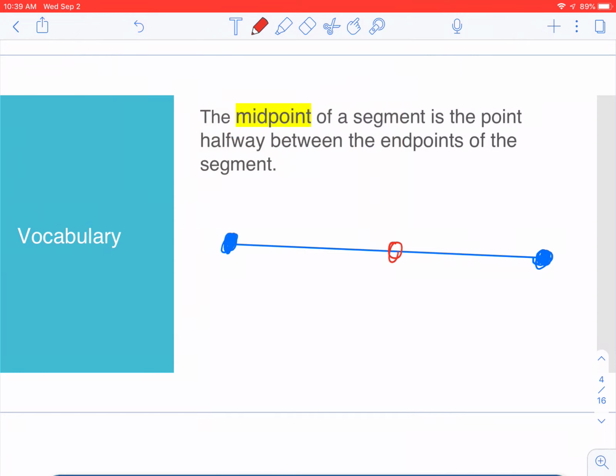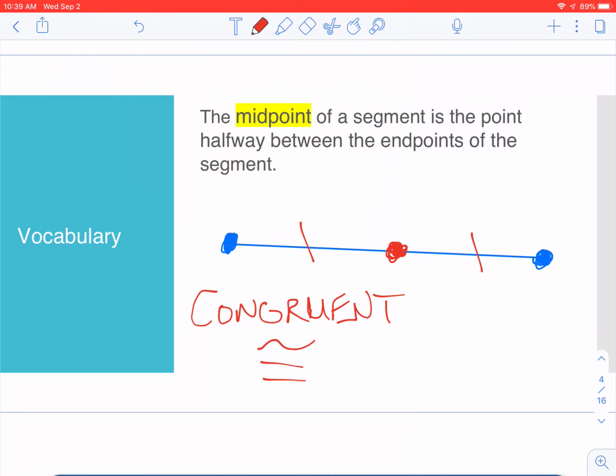I'm going to estimate here. The midpoint's about right here. I'm going to mark those two parts, and that mark means they are congruent, which means the same. This is the symbol for congruent. You're going to see that a lot in midpoint. So the midpoint splits a segment up into two congruent segments.